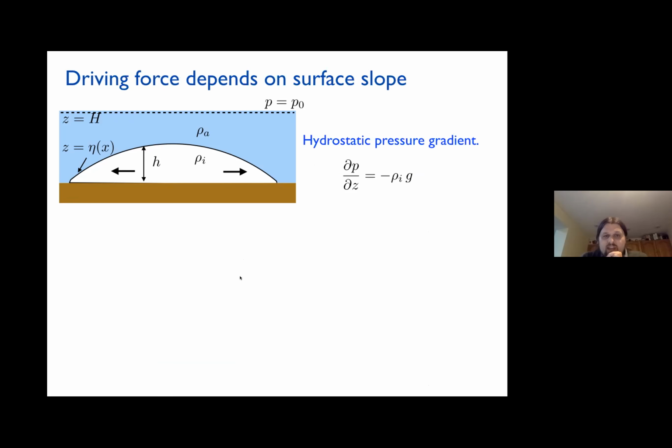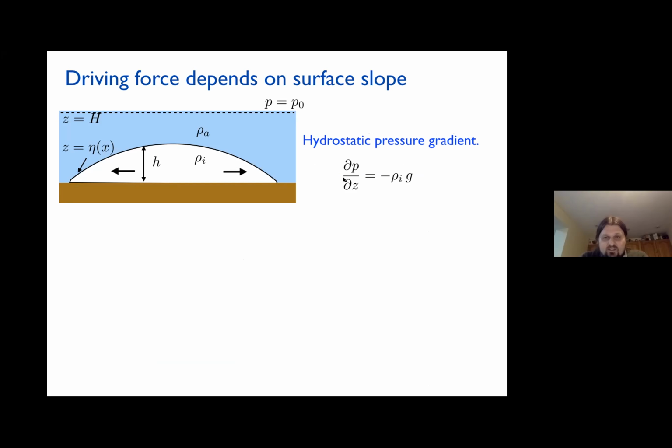So we're going to take that now, and we're going to think about this layer of ice that we're going to assume is able to deform and flow, but it's going to deform and flow as a result of the pressure acting on the surface of the ice sheet and also on the interior.